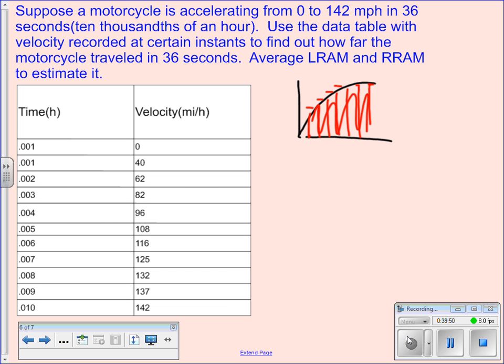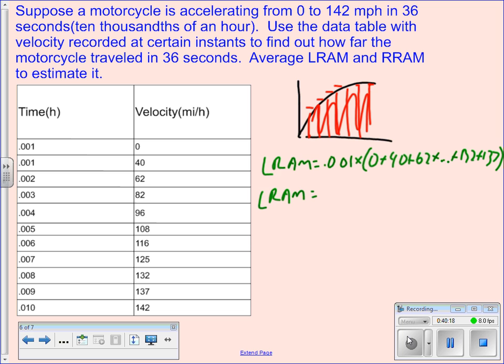So for LRAM equals 0.01 times 0 plus 40 plus 62 plus ... plus 132 plus 137.